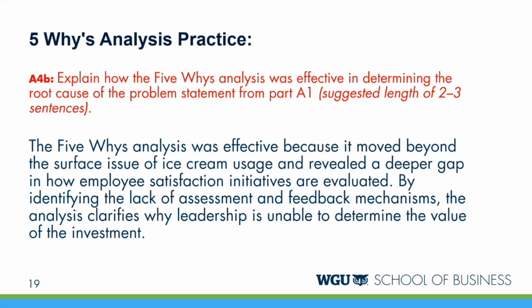By identifying the lack of assessment and feedback mechanisms, the analysis clarifies why leadership is unable to determine the value of the investment. So we're still talking about what that problem statement was from the very beginning to make sure that it all continues to flow from that.